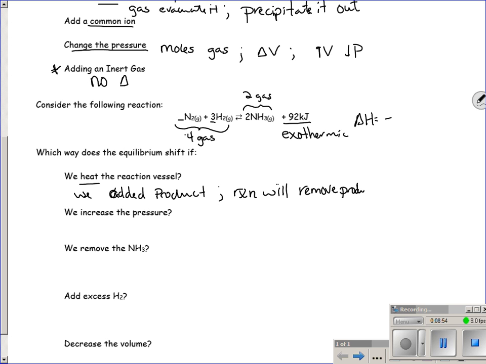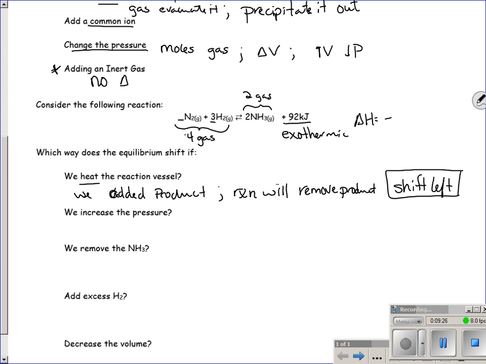The product happens to be heat. And the way it's going to shift to do that is it's going to shift to the left, because in making more reactants, it's using up some of the heat that we've added. If it were to make more products, it would be making more heat, but it wants to make less heat. So it's going to make more reactants, and it does that by shifting to the left.